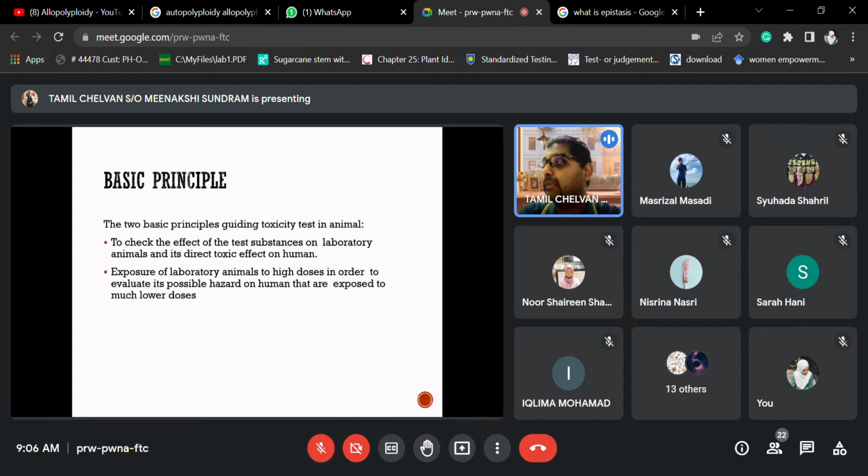Exposure of laboratory animals to high doses in order to evaluate possible hazard on humans. In humans, you cannot give a high dose, as I told you, it might kill them. In animals, we can do that. There's still a way you can check on animals.